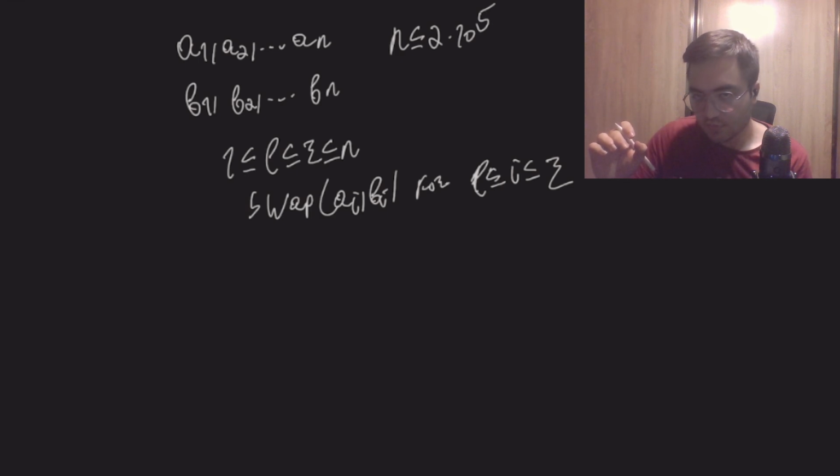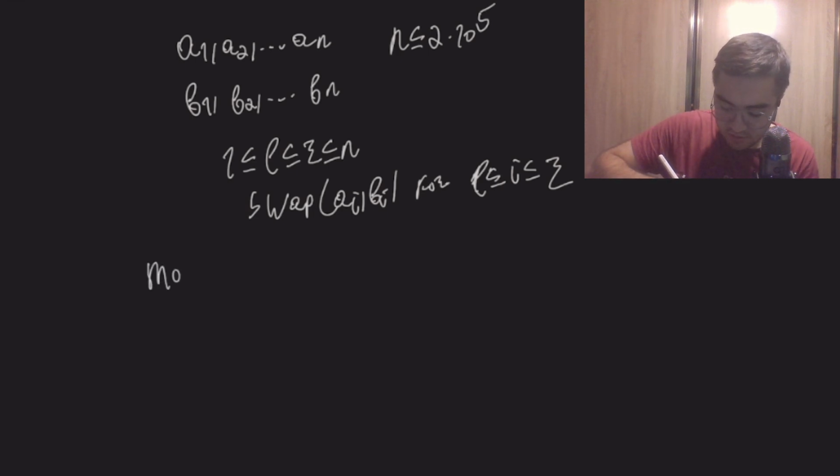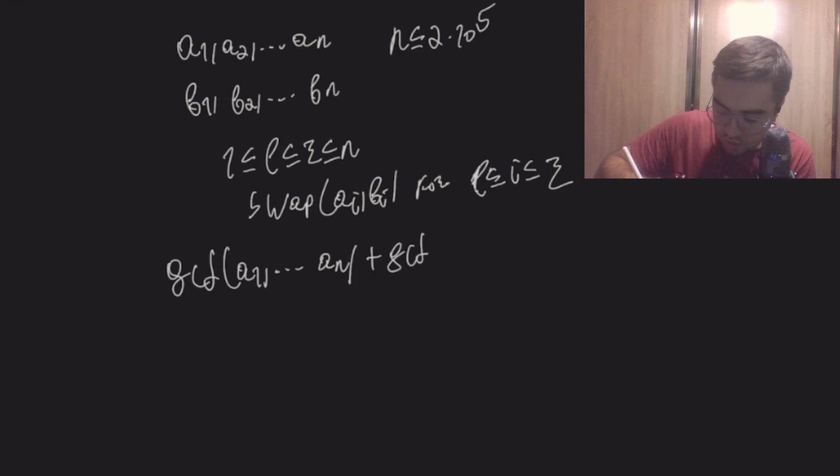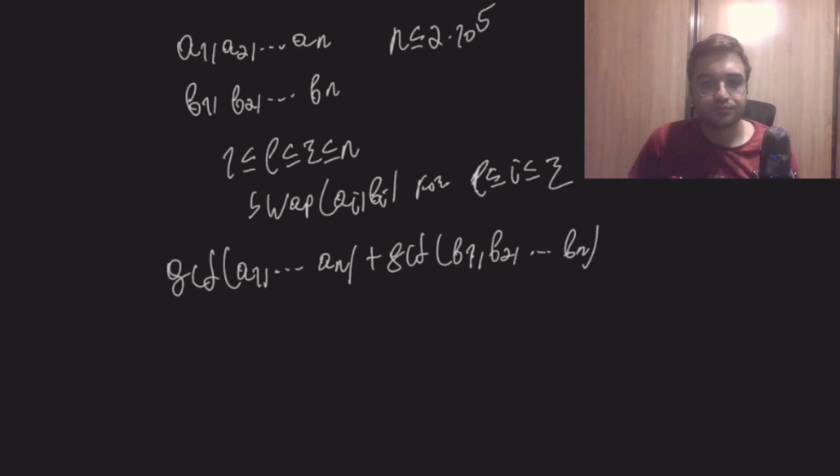In the initial version, we just needed to output, if we do this exactly once, what is the max GCD that we can achieve. So actually, sorry, it's just the sum of the GCDs, right? So what is the maximum value of this? This is what we needed in the initial version.